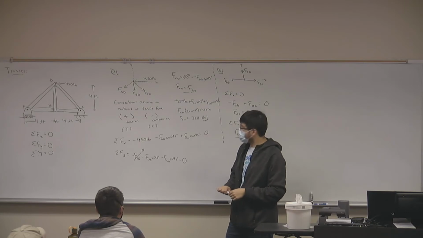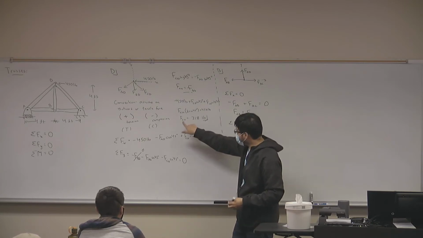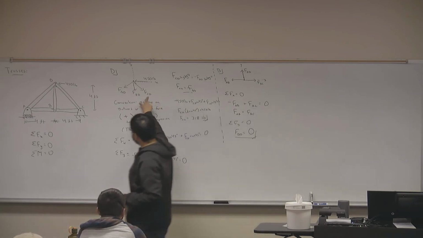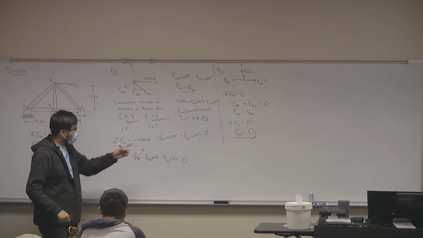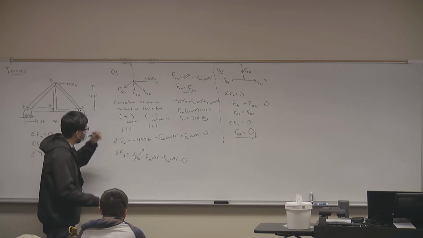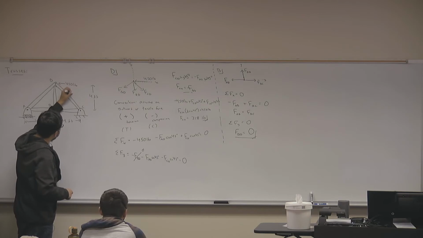Positive. Does that mean that we chose the right direction? Yes, which means that FCD is a force in tension. We got a positive value, so FCD is in tension. So the force on this joint is 318 pounds in tension.